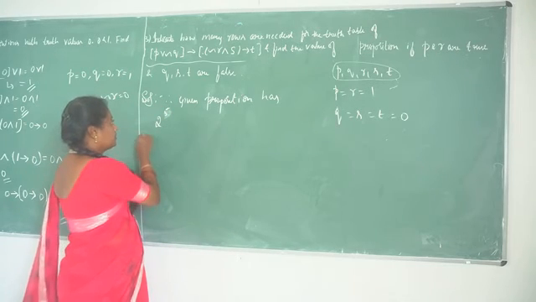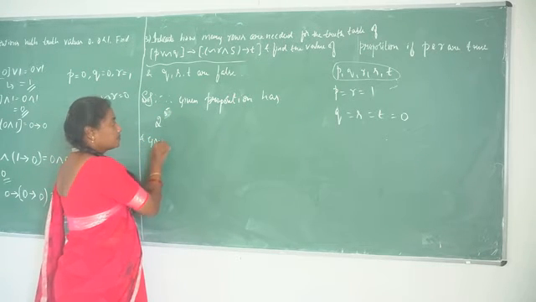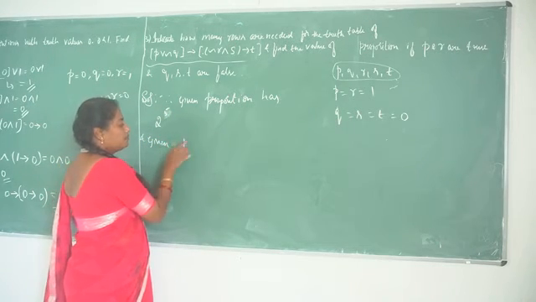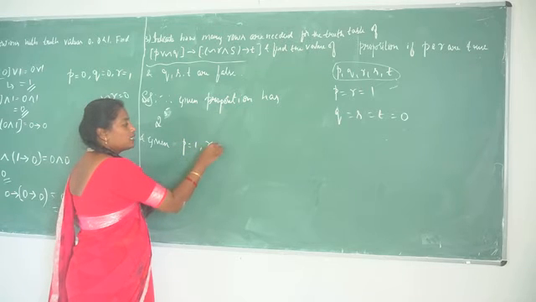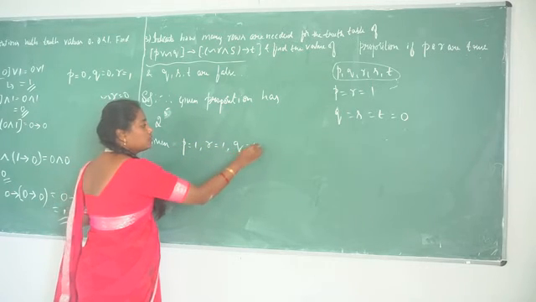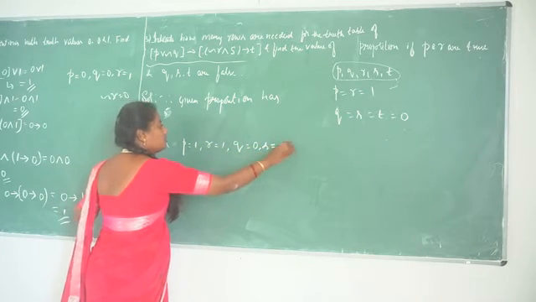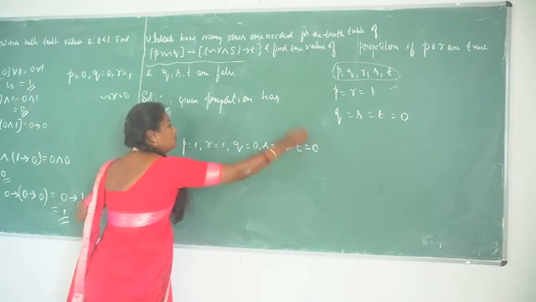Already given that P is equal to 1, R is equal to 1, Q is equal to 0, S is equal to 0, and T is equal to 0.